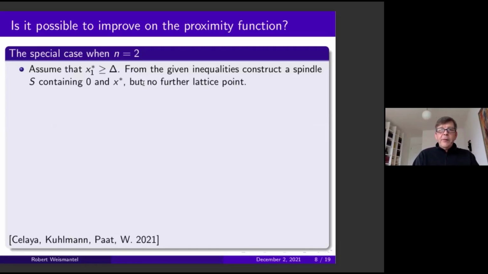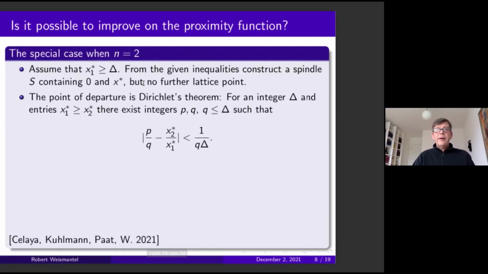Then you can construct a spindle which is defined by the inequalities of this polyhedron, but now the inequalities are shifted so that they are all as close as possible to 0 or to x star. You can see this is an object which has no further lattice point in it except for this integer point z star, which I assume to be 0. So that's the first step.